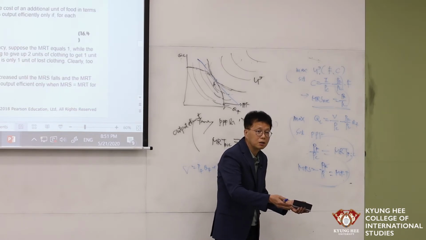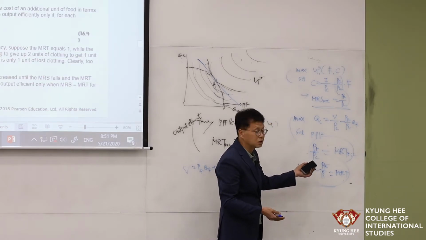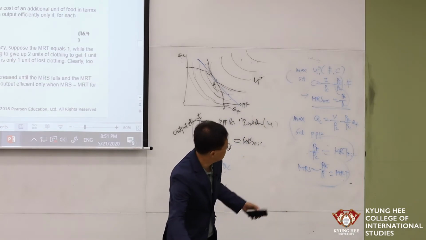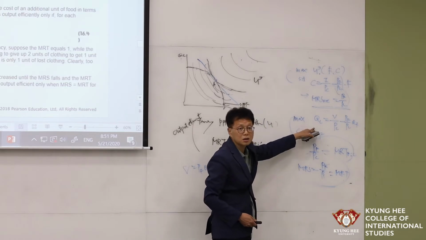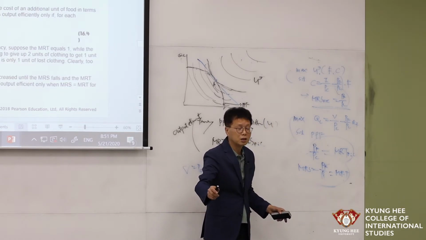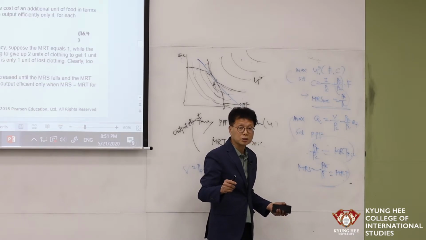Now think about the profit maximization condition. The profit maximization condition is the same as the value maximization condition. The market is perfectly competitive, for food production and clothing production, right?